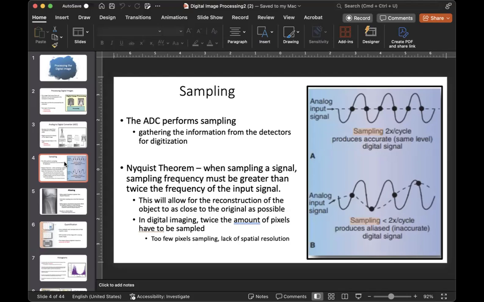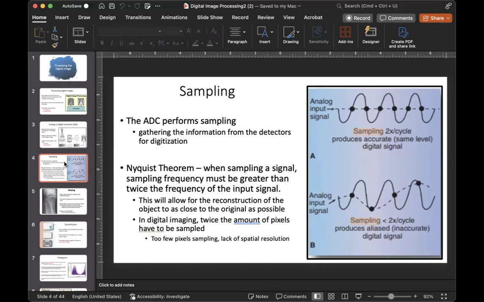And so Nyquist theorem is going to tell us, hey, when you sample a signal, we have to sample at least twice the frequency of the input signal. Okay, so essentially, we need to make sure we're having at least twice the amount of pixels to be sampled.